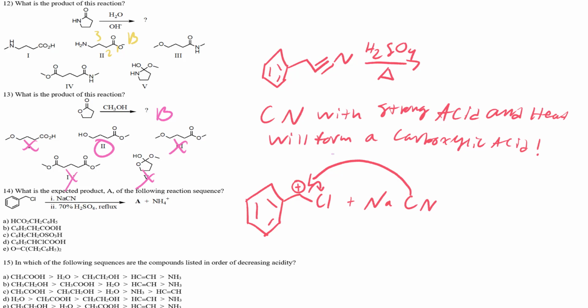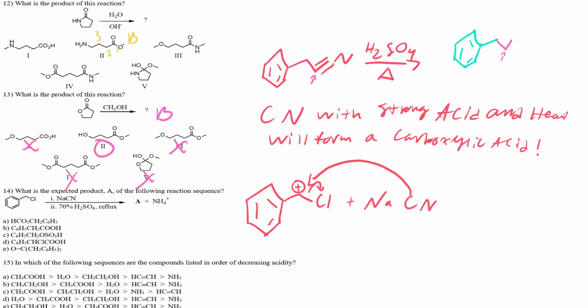Okay, so basically what you should have now is that you should have this guy. So this was our initial carbon. This is going to be our cyanide carbon. So basically this carbon right here came from this carbon.